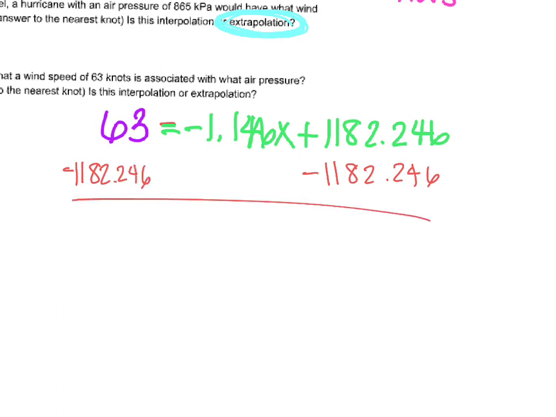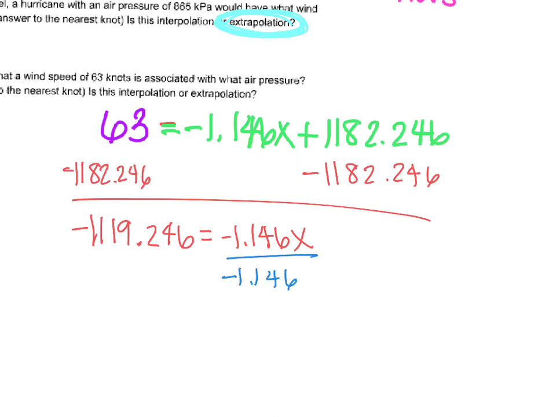And that gives me negative 1119.246 equal to negative 1.146 times x. And then to get x by itself, I'm going to divide both sides by negative 1.146.